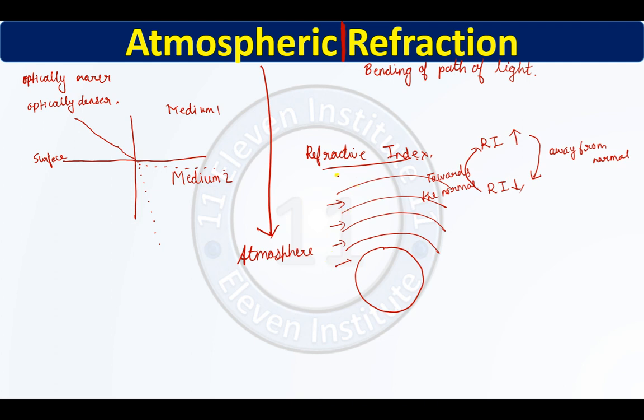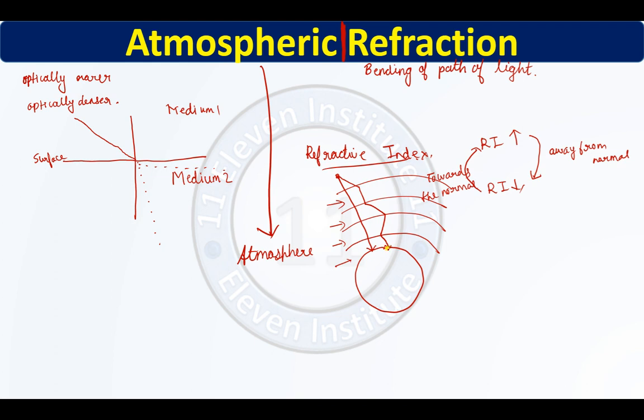So suppose here is an object, and there is a ray of light which wants to reach the earth. It will not travel in a straight line. Why? Because this light ray has to travel through different media having different refractive indices, so it will undergo bending. Sometimes it will bend towards the normal, sometimes away from the normal.